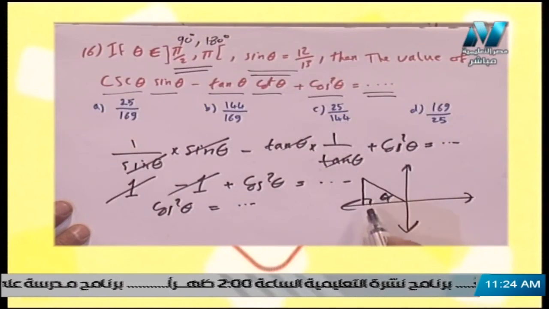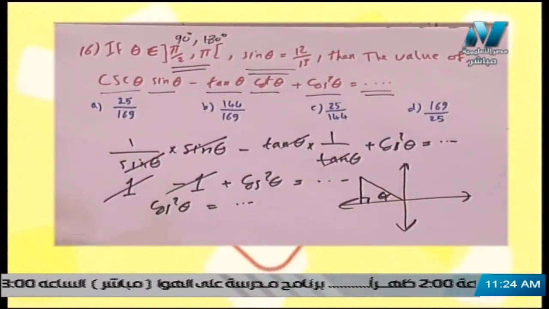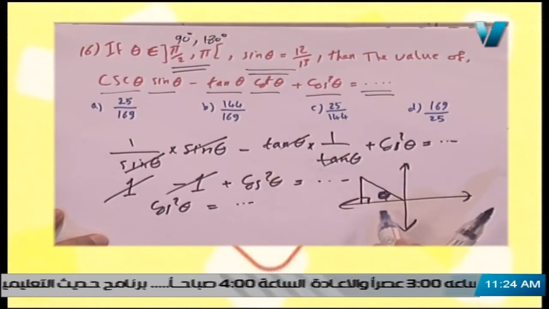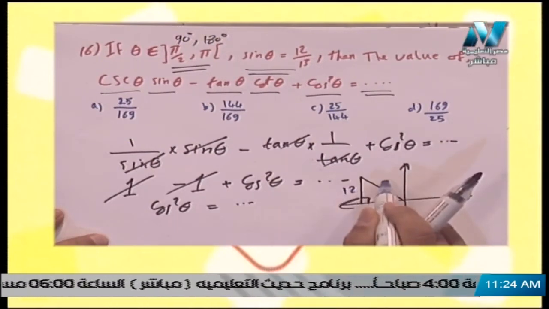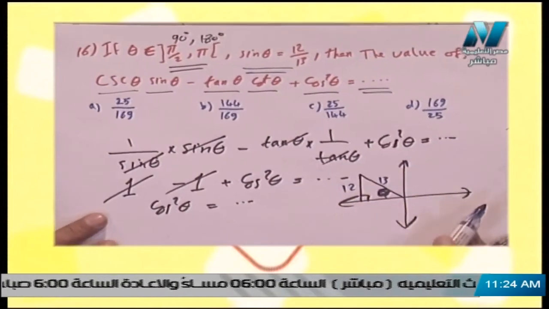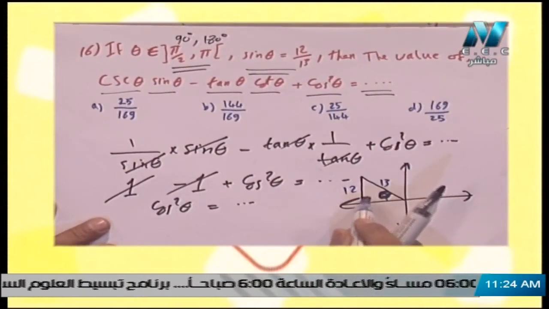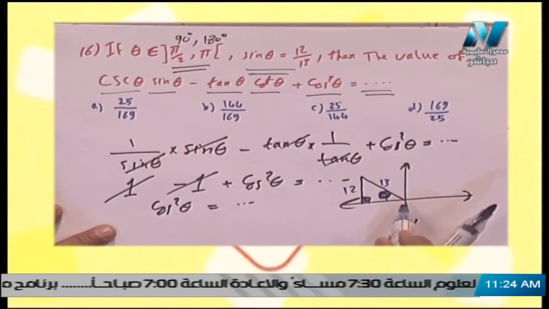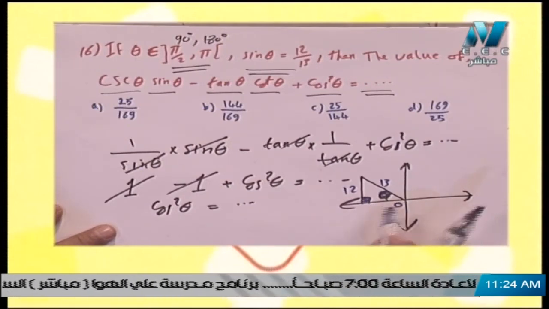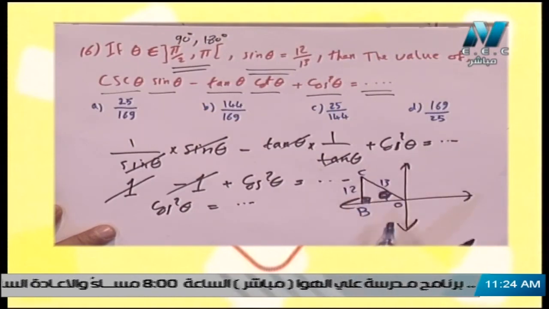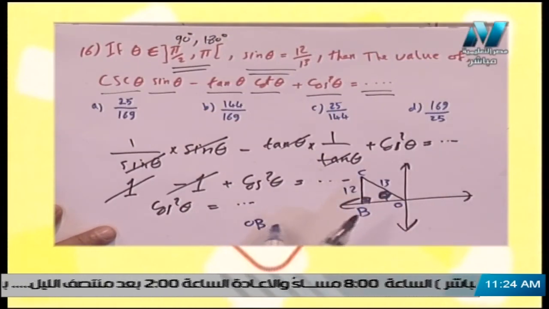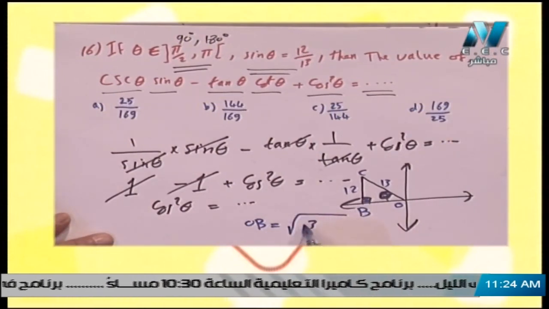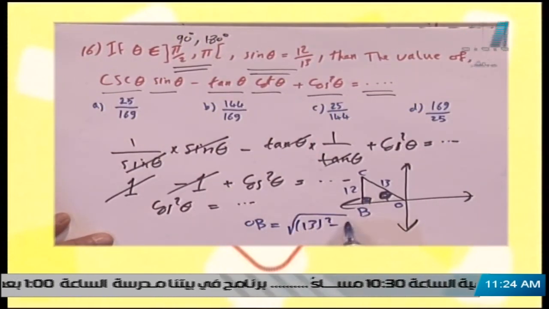This is theta, and sine of course will be opposite over hypotenuse, 12 and 13. We can call this side OB, and OB equals square root of 13 power 2 minus 12 power 2.